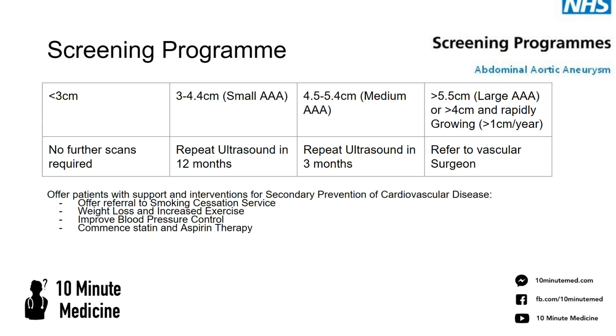So for Mr. Williams, you'd offer a referral to the smoking cessation service, where they might offer further education about smoking and be able to offer things like nicotine patches, nicotine gums, sprays, and further formulations which will help with smoking cessation if that is what he wants. You'd also recommend weight loss and to increase exercise. You get on top of his blood pressure as well, and you might consider commencing a statin and aspirin therapy.